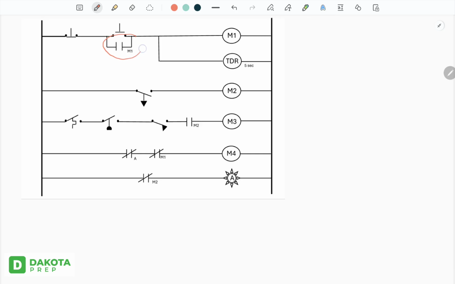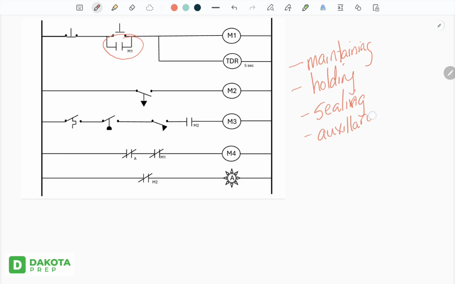This right here, now what's funny about this is it actually has 4 different names. So you may have heard it referred to as a maintaining contact, a holding contact, but my friends, it's also known as a sealing contact or an auxiliary contact.